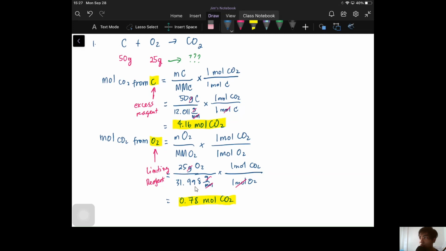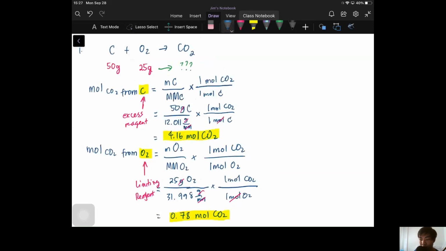So, yung mole ng ating carbon dioxide from oxygen ang gagamitin. We will use the yield from the limiting reagent. Ito kasi yung basis natin. Hanggang dito lang yung kaya. Ito yung ceiling. Okay, so ito yung gagamitin natin. So, grams of product formed.